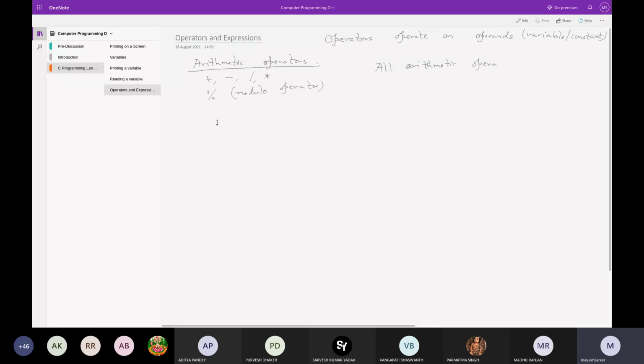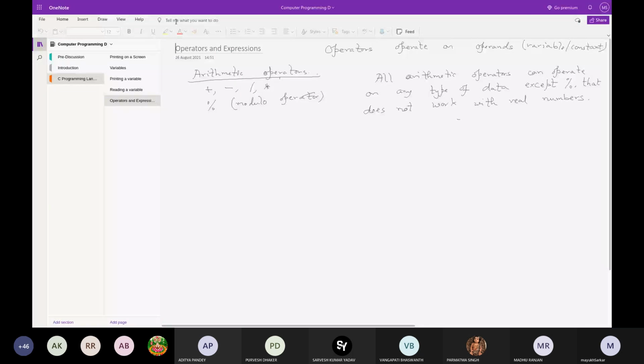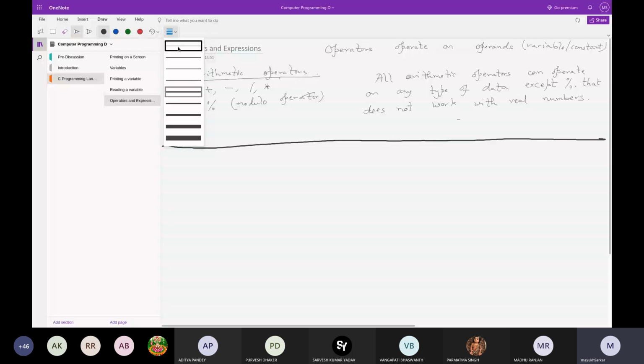So after yesterday, in fact, we started talking about the various operators, and there we have seen till now the arithmetic operator, right? That is the most basic operator. Otherwise, there are several other operators, like Boolean operators.